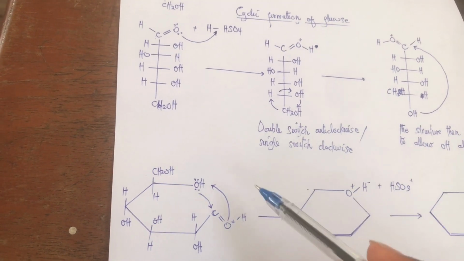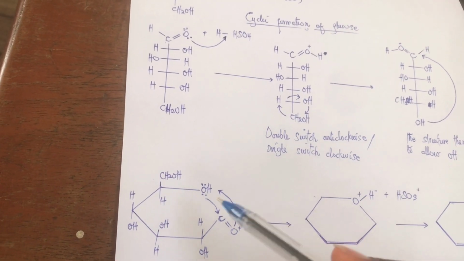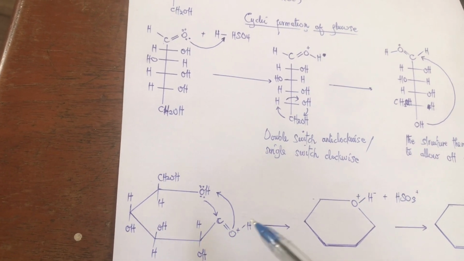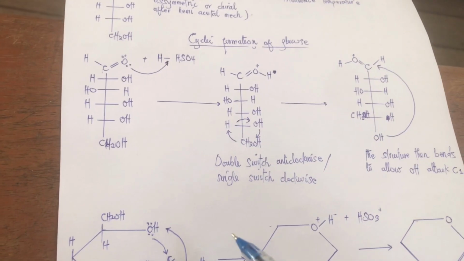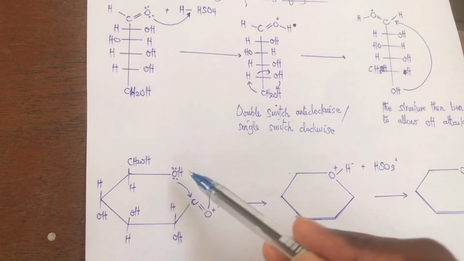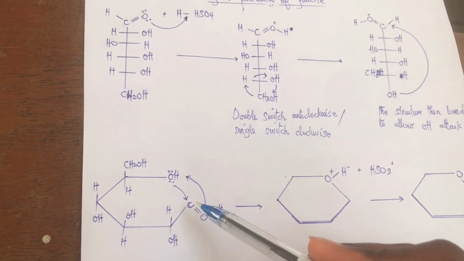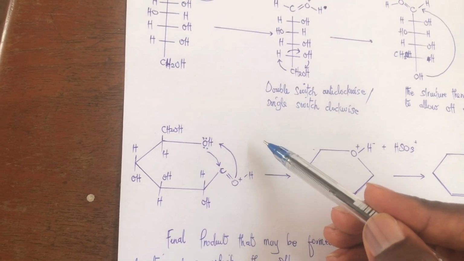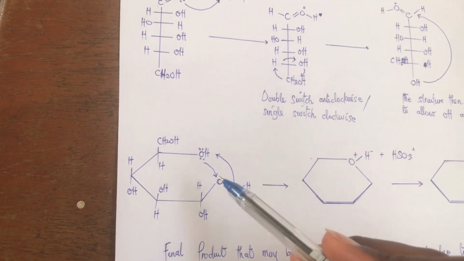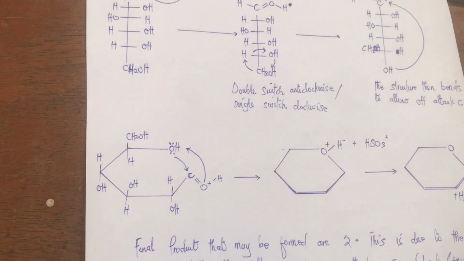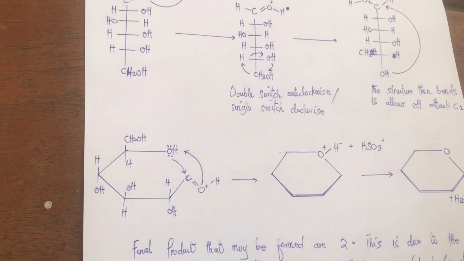So now, as you are having this, you can see that if you don't do the switch, the distance between the OH group and the carbonyl group will be very high, which may not lead to the cyclic formation of the sugar. So this OH group is rather going to attack this carbonyl group. Now, depending on the phase at which the OH group attacks, we are going to get something like alpha glucose or beta glucose.